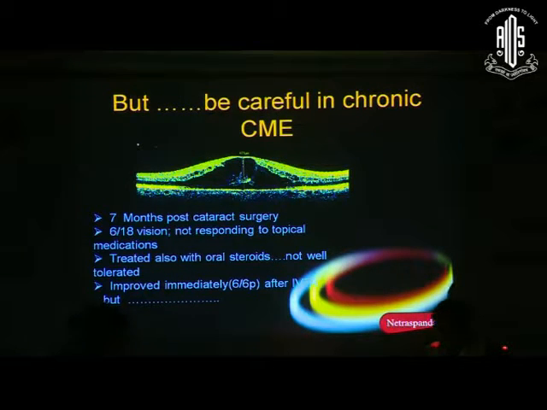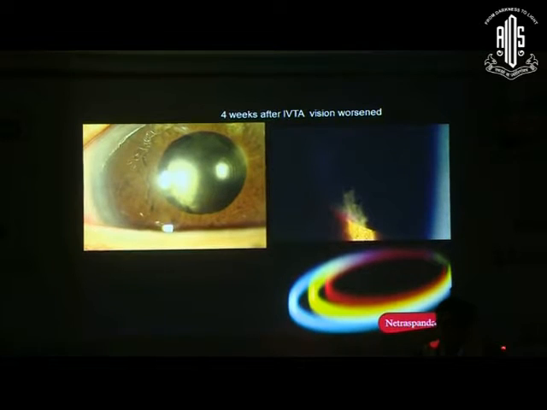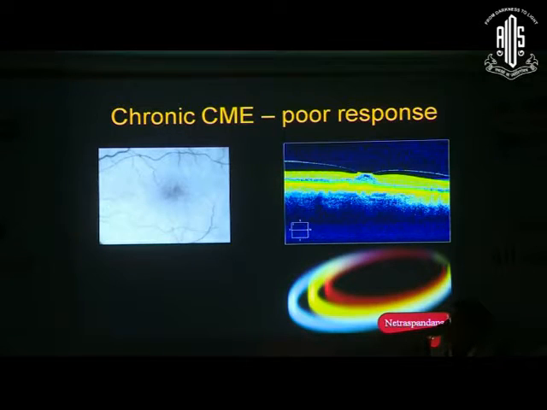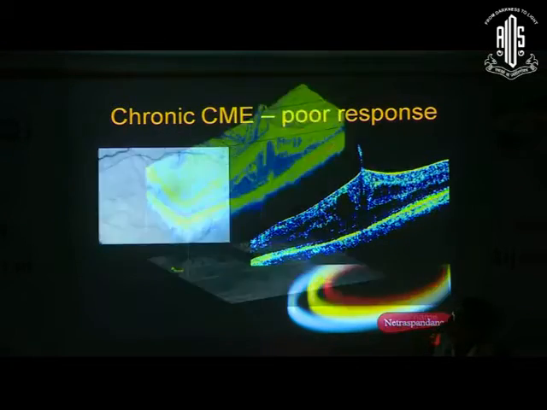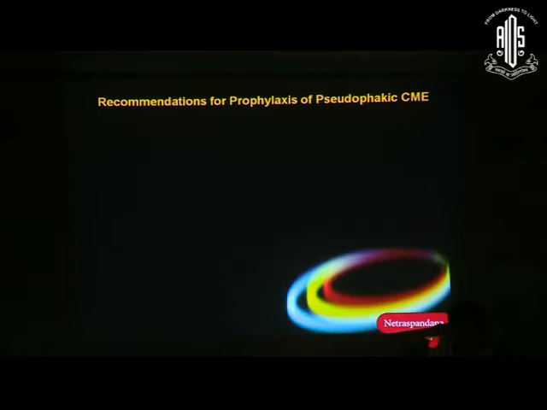So after giving treatment with IVTA, her vision improved to 6/6 immediately, but later she worsened. And what exactly happened was this patient developed fungal hyphae. So you should be aware that chronic CME can be a harbinger of Propionibacterium or fungal infection. If you have a poor response, it could be a vitreomacular traction, and these patients need to be operated.